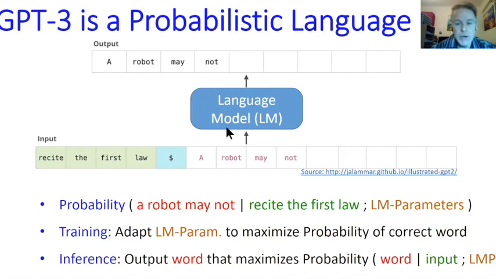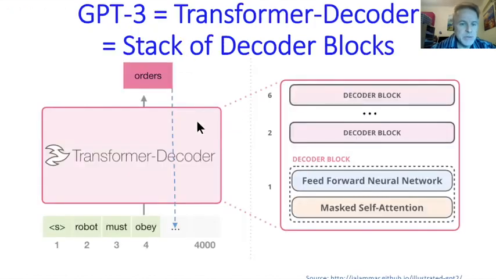Okay, so let's now look into this box, this language model. How does GPT-3 work? GPT-3 is a so-called Transformer-Decoder. This transformer model was invented three years ago by Google and has really transformed the field of natural language processing. Interestingly, GPT-3 only uses a decoder and not the encoder architecture. That's one thing where it's already simpler than the previous models. A transformer decoder is a stack of decoder blocks.